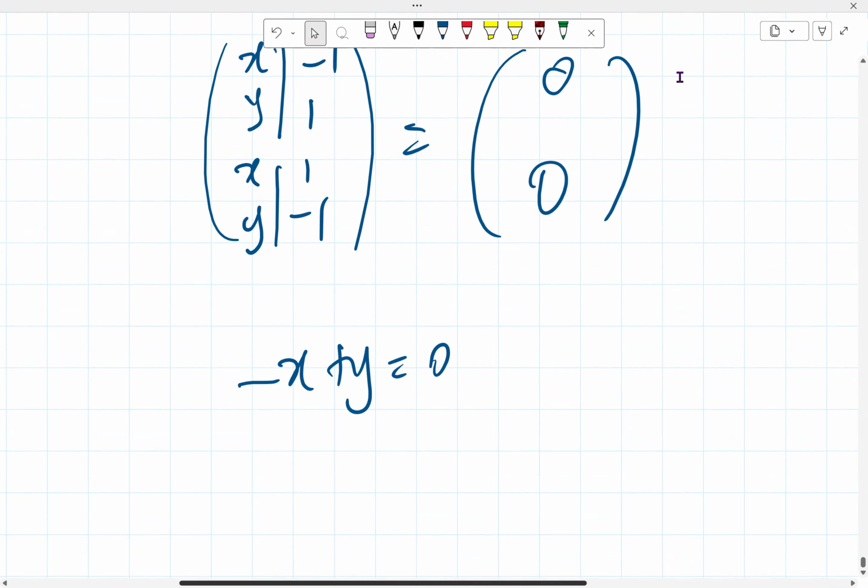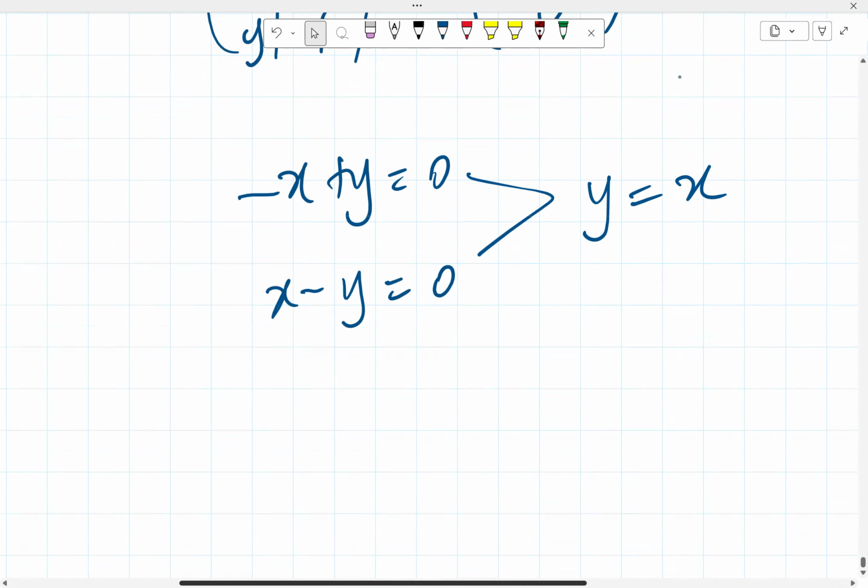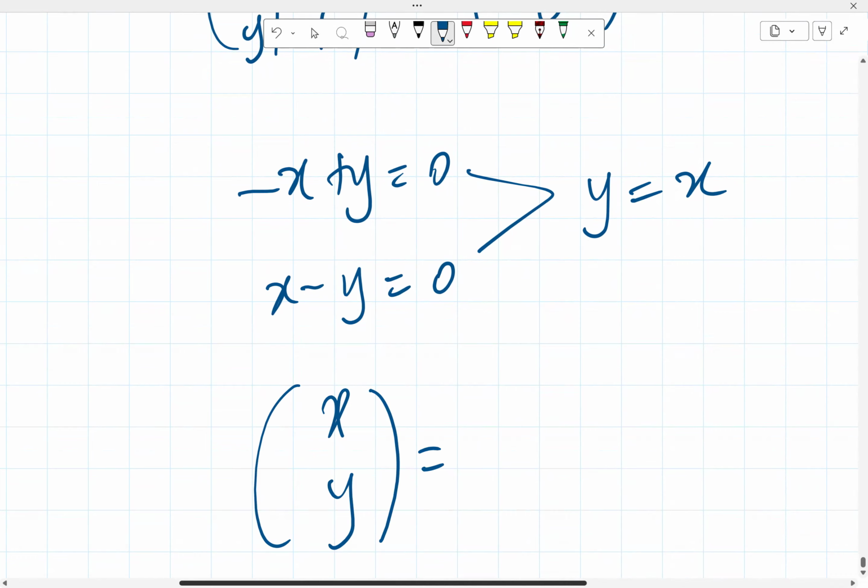On the other hand, you have x minus y equals 0 also. Altogether, it simply tells you that x is equal to y. So when x is 1, y is also 1. Basically, that's what that tells us right there.